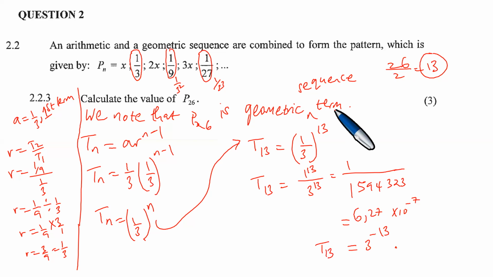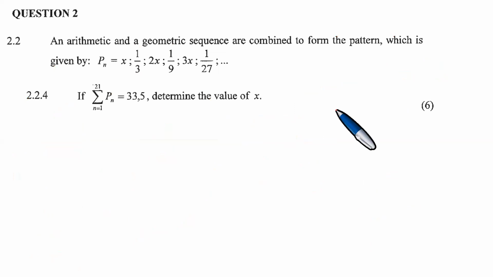We continue and do the next one. 2.2.4. An arithmetic and a geometric sequence are combined to form the pattern which is given by.